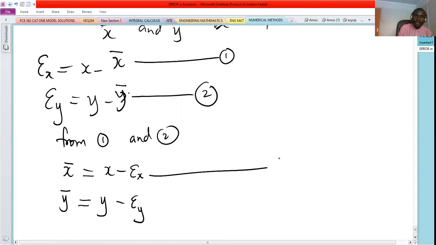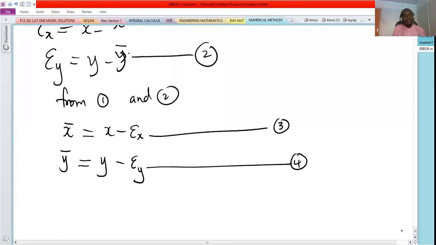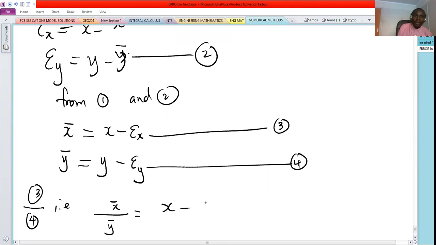So call this one 3, call this one 4. So next we divide 3 by 4, i.e. x bar divided by y bar is x minus error in x over y minus error in y.